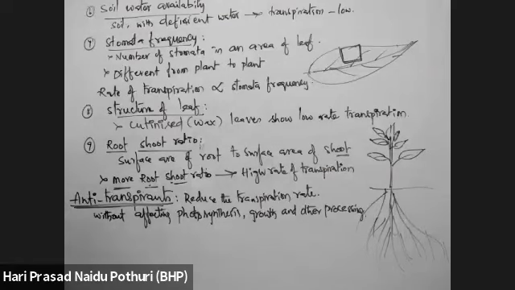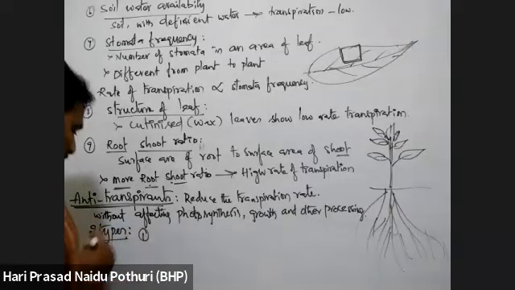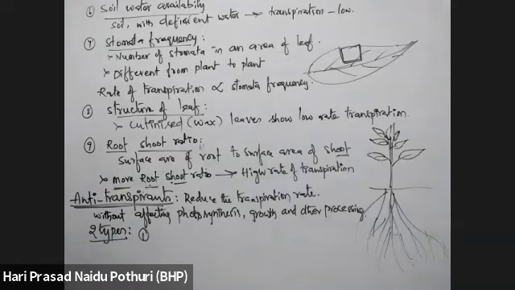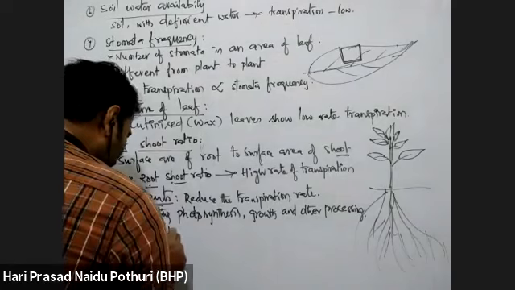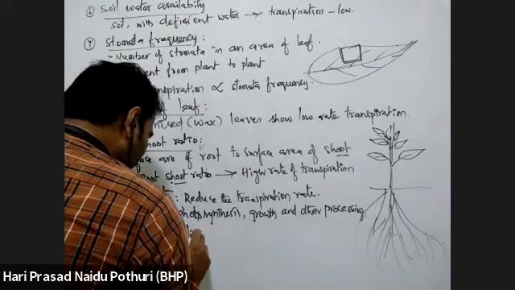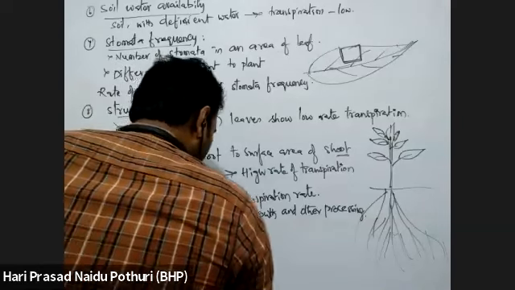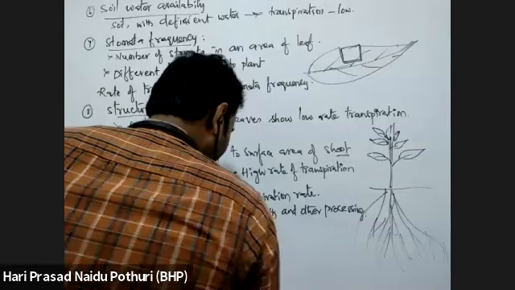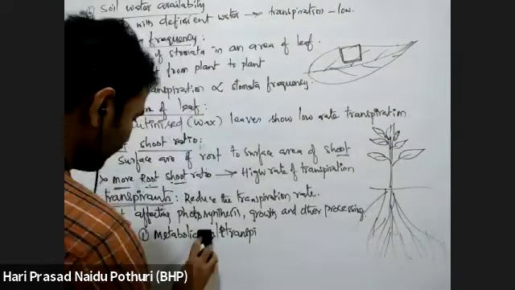These anti-transpirants are of two types. The first type is those produced in metabolism, called metabolic anti-transpirants or metabolic inhibitors. If the anti-transpirants are produced in metabolism, they are called metabolic inhibitors.